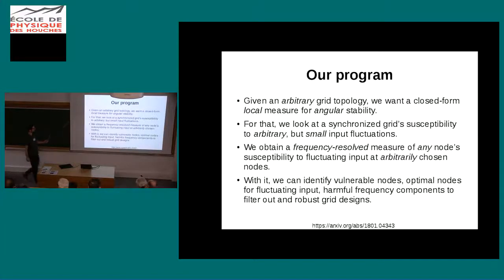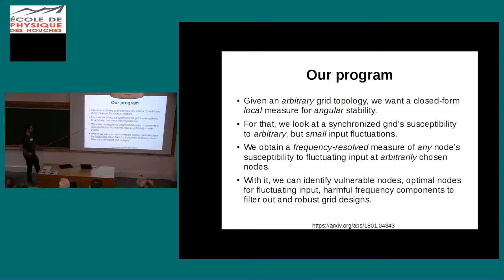So for that we look at the synchronized grid susceptibility to arbitrary but small input fluctuations. Joachim Peinke has talked about the importance of intermittency, which means that the input perturbations may also attain large values, okay? So this, for now, is not considered yet.